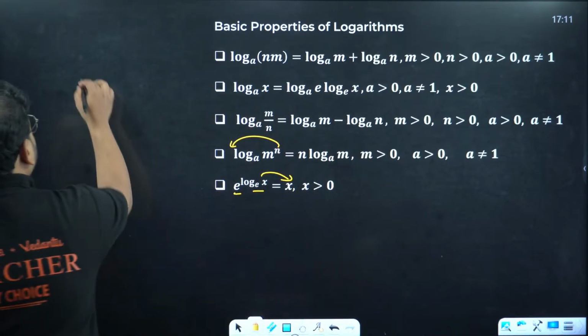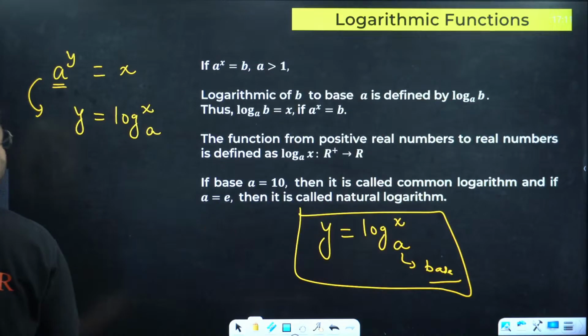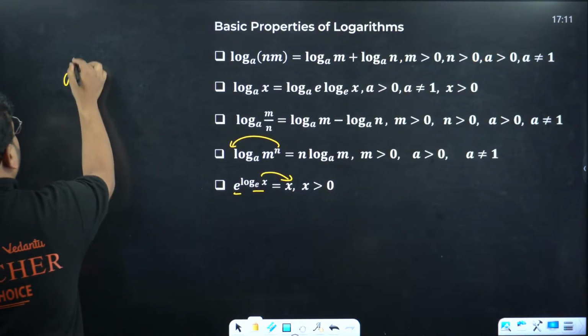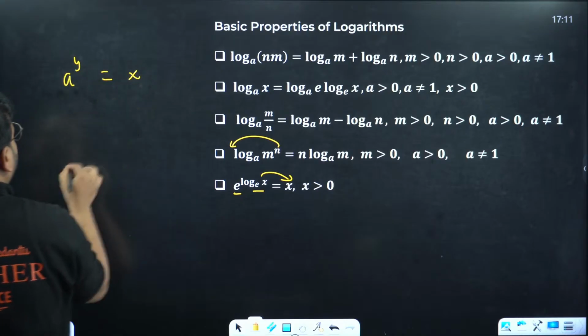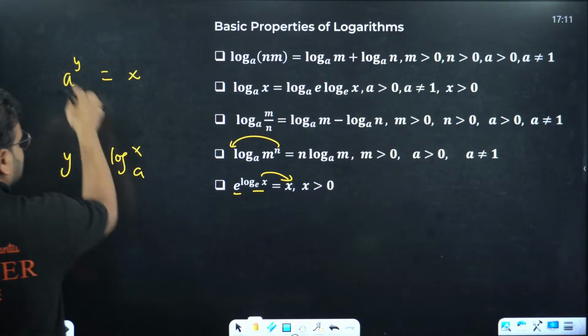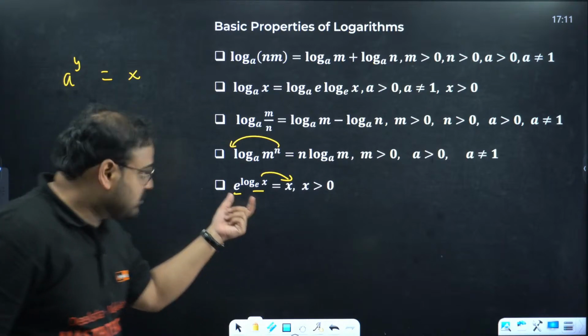Remember, I wrote it over here as a to the power y equals x. Then I wrote here y equals log of x with the base a. That's the transformation. I used this property actually.